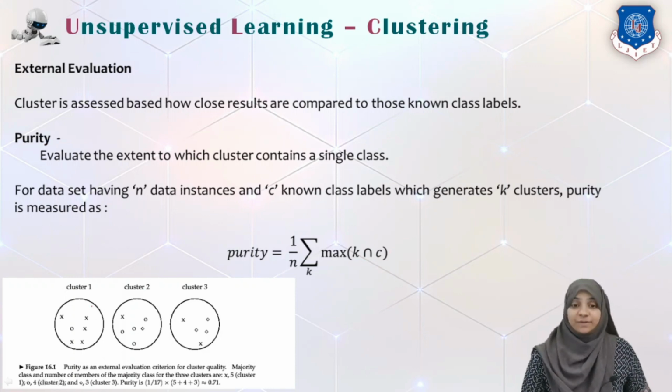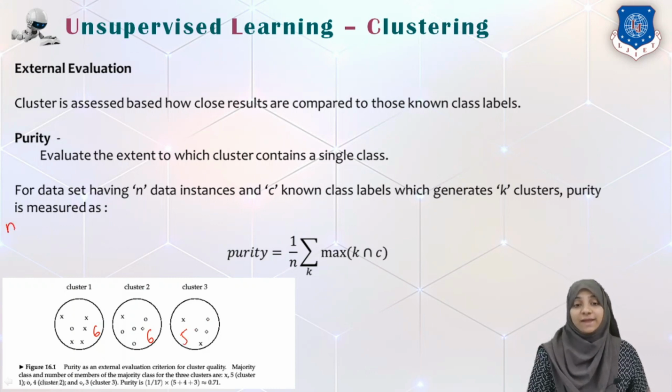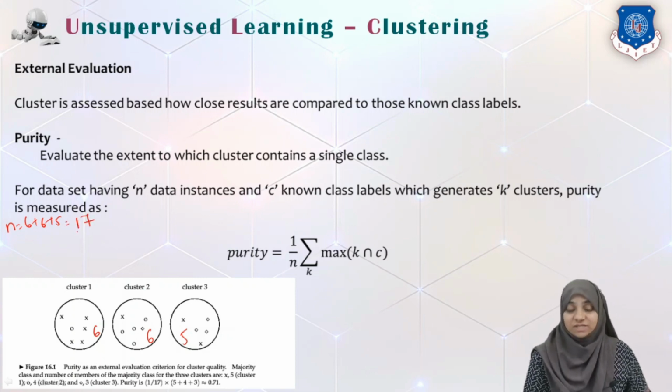In this example, let us consider purity. Here in total, there are 6 samples in cluster 1, 6 samples in cluster 2 and 5 samples in cluster 3. So, n will be 6 plus 6 plus 5, that is total number of samples. There are, as you can see, three types of data.